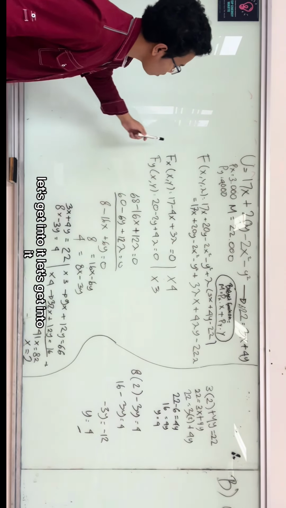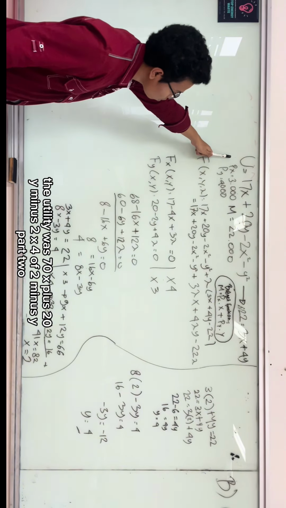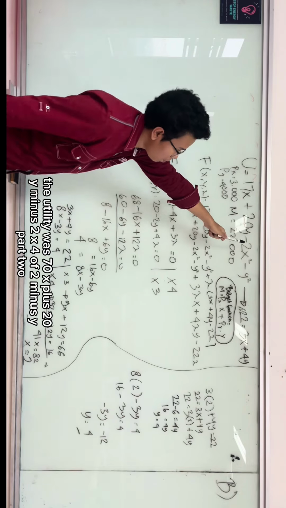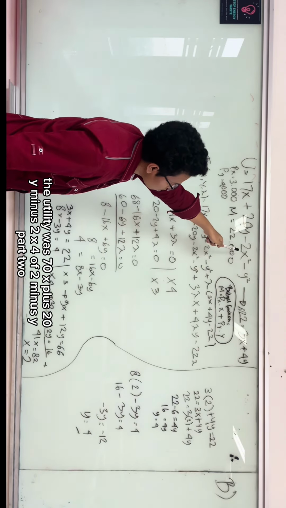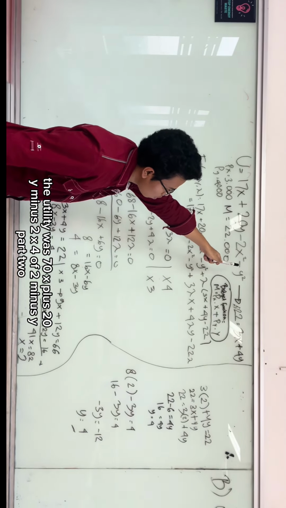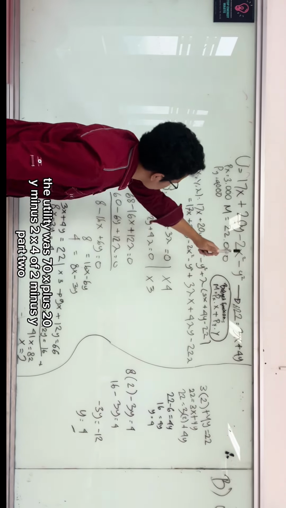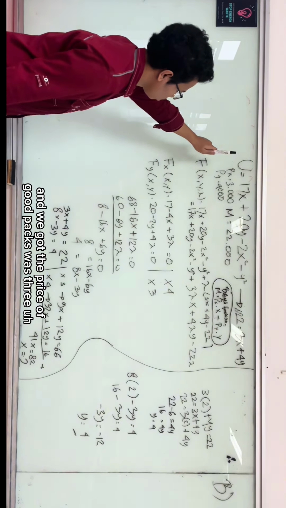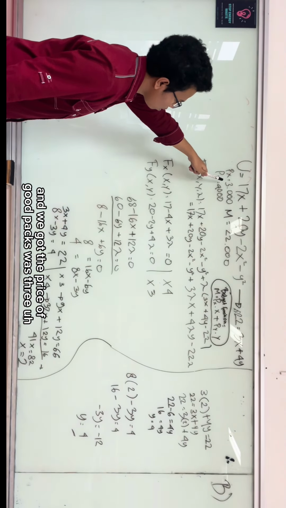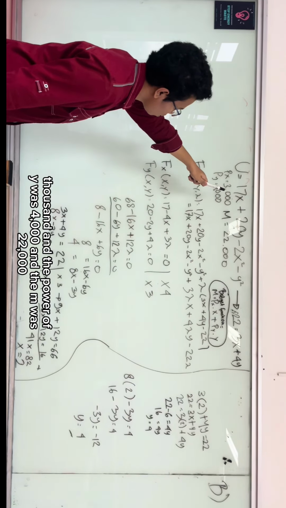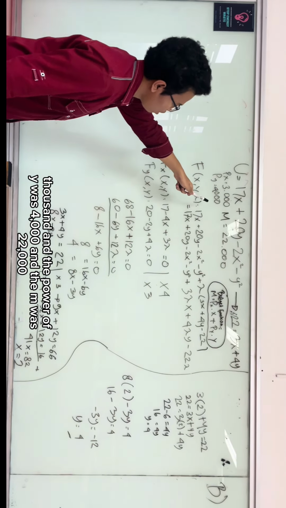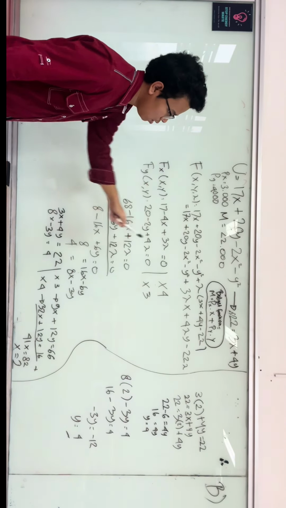Let's get into it. The utility was 70x plus 20y minus 2x power of 2 minus y power of 2, and we got the price of good x was 3,000, and the price of y was 4,000, and the m was 22,000.